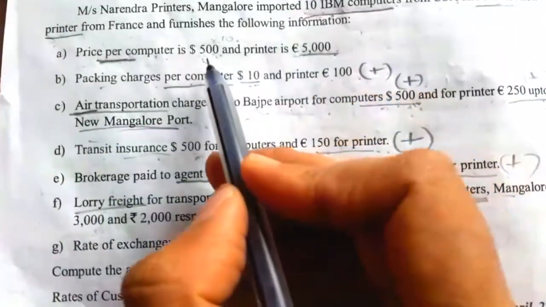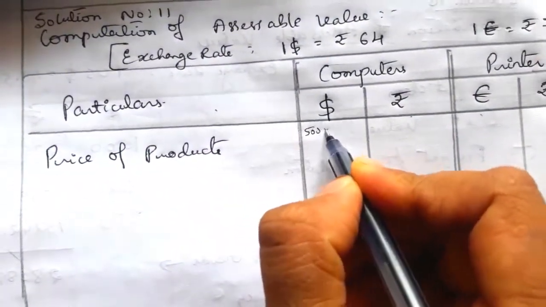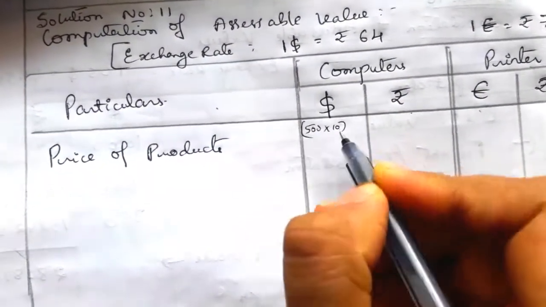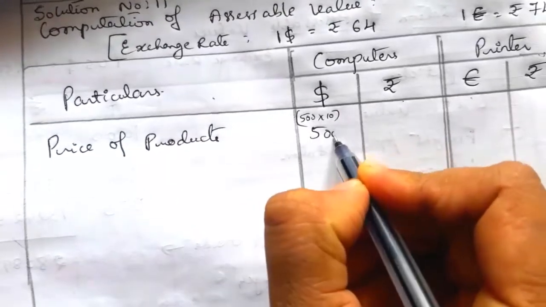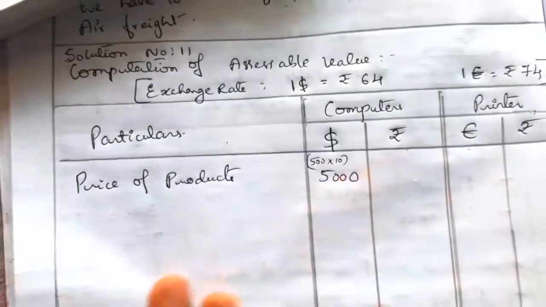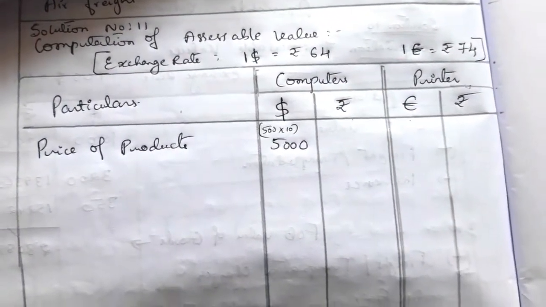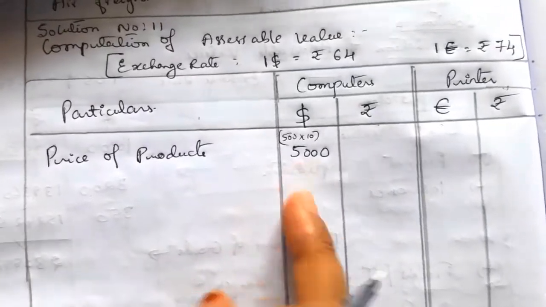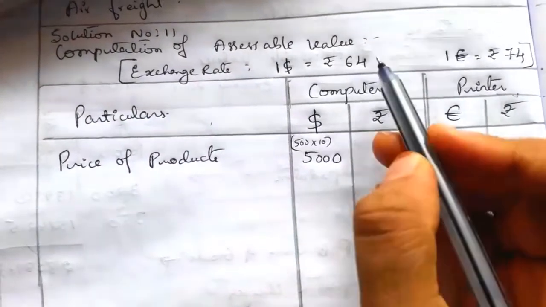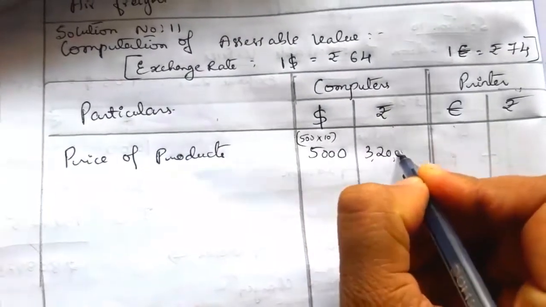Total cost for one computer is 500. So that is 500 into 10 we have to take. So that is equal to 5,000 is the price of computers imported. Total 10 computer cost is 5,000. And if you take the exchange rate, 5,000 into 64, it is equal to 3,20,000.